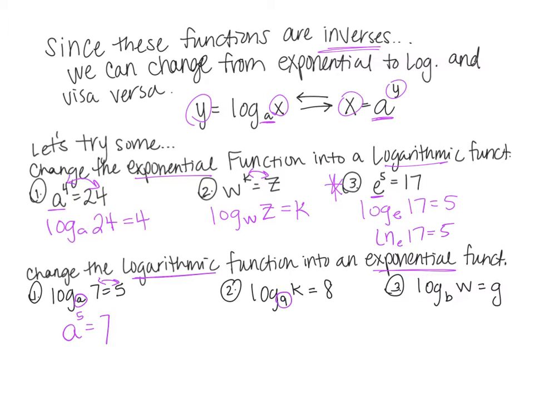We've got 9 is our base. 8 is going to become the exponent, and k is on the other side of the equals. All right, b is going to be our base. G is going to be the exponent, and W is going to be on the other side of the equals. So all we want to do first is just be able to change them back and forth from a log to an exponent to a log, knowing that they are inverses.